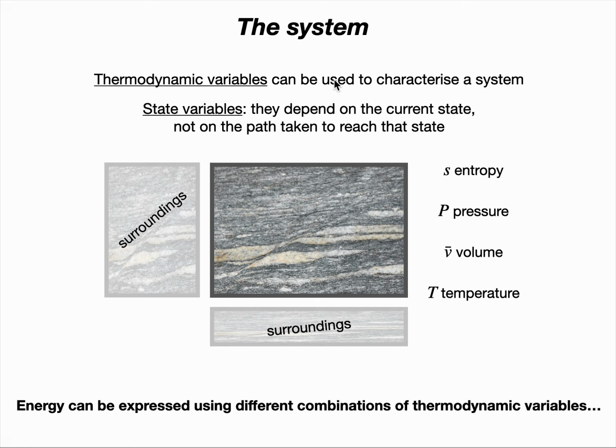The thermodynamic variables can be used to characterize or quantify the system. So we have the entropy, the pressure, the volume, and the temperature in this simple case. And now, energy can take several forms that will use different combinations of these thermodynamic variables.